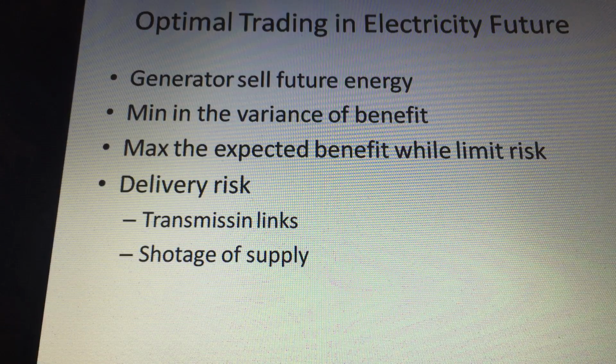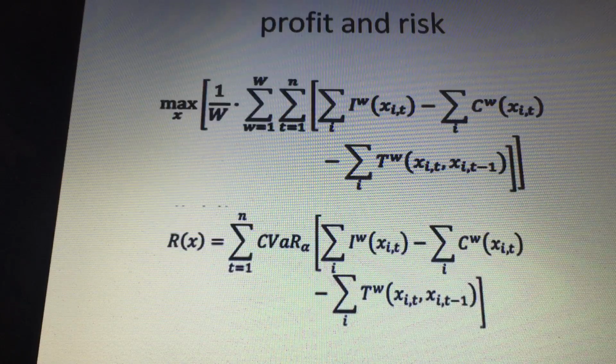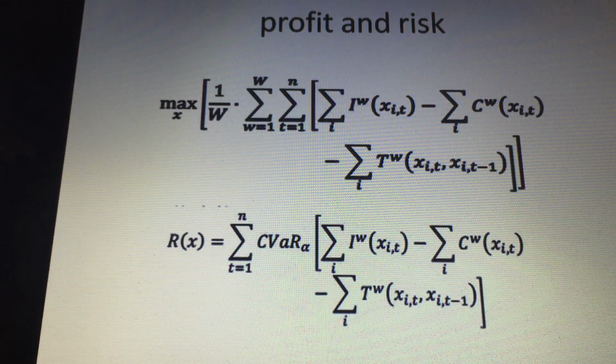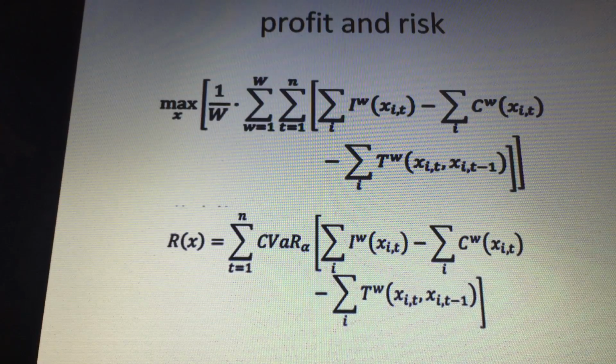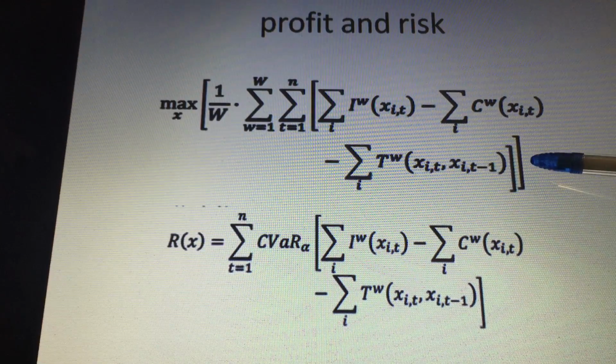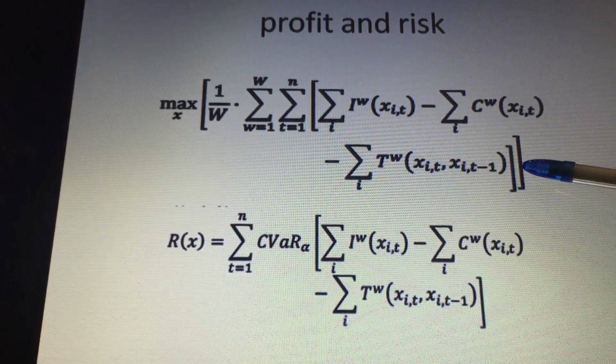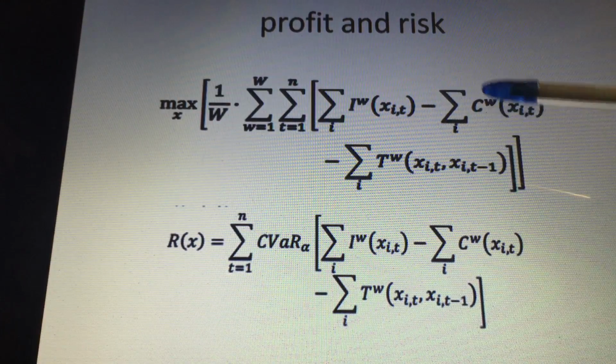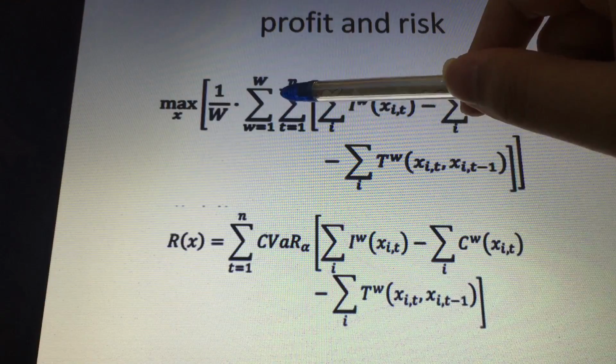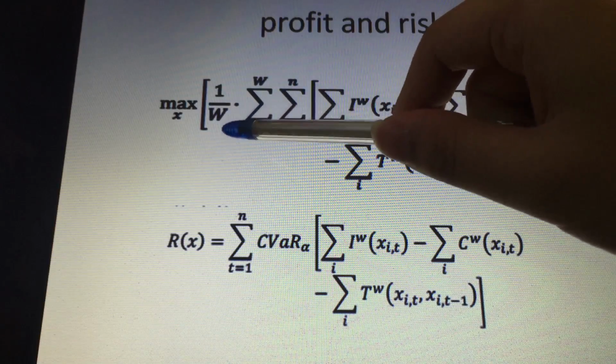So our goal is to maximize the profits from the trading and also limit the risk. Okay, the first one is the profit equation, where W is the number of realizations.